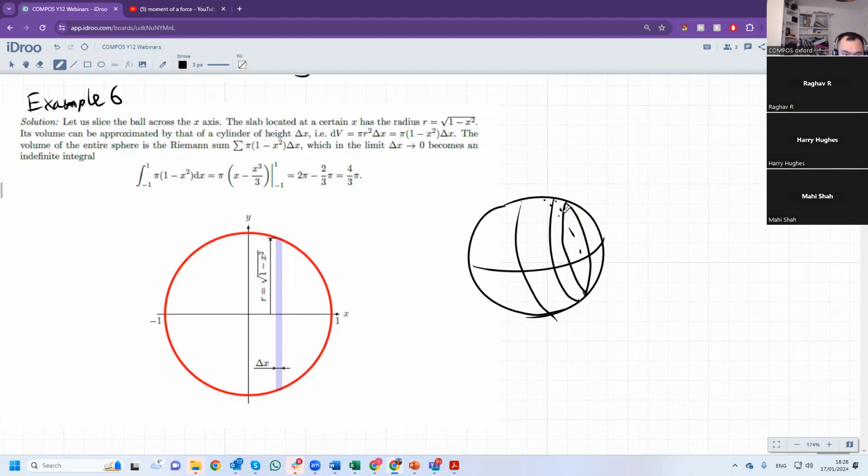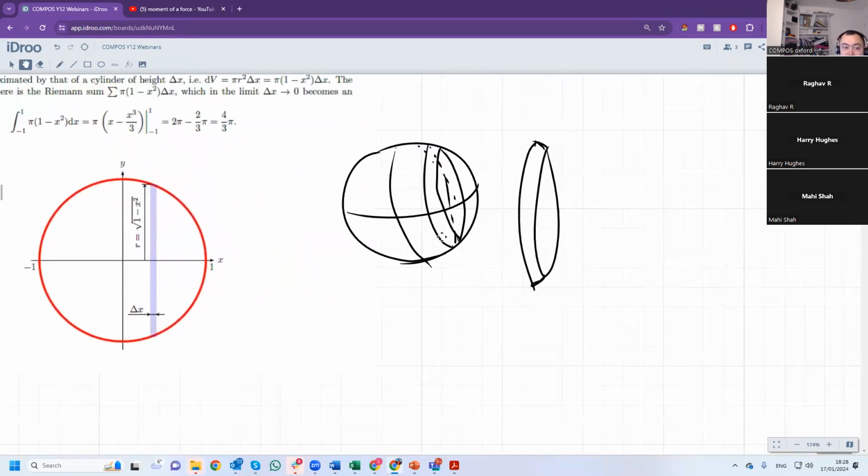The slice of the sphere will look like this. So it's something like a truncated cone, but it isn't a cone.